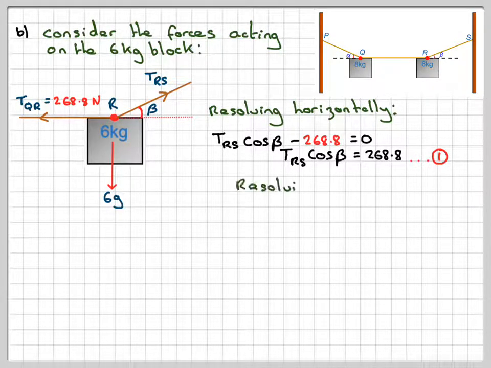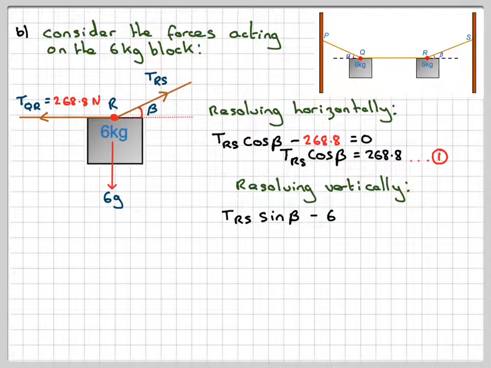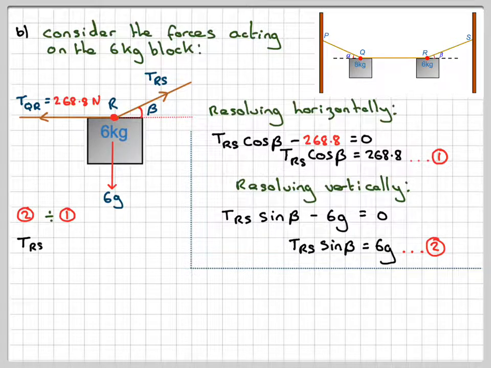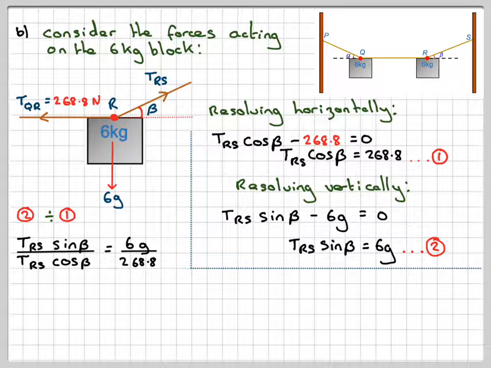And then resolving vertically, we're going to have TRS sine of beta minus 6G. This one doesn't take any effect. So TRS sine beta is equal to 6G. We've got equation 2. And what we do is equation 2 divided by equation 1. So that's going to give me TRS sine beta over TRS cos beta is equal to 6G over 268.8.